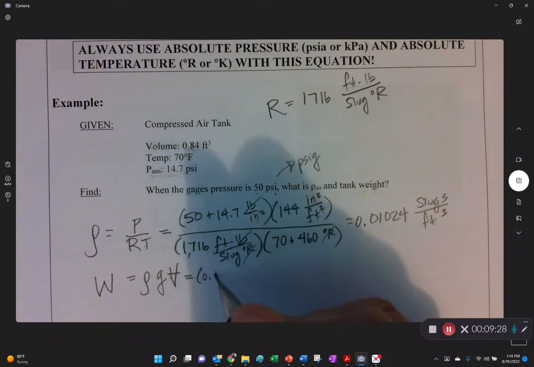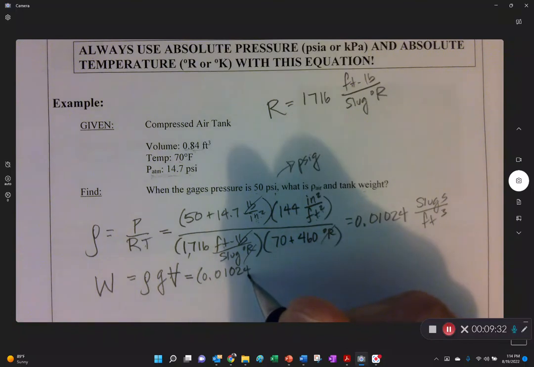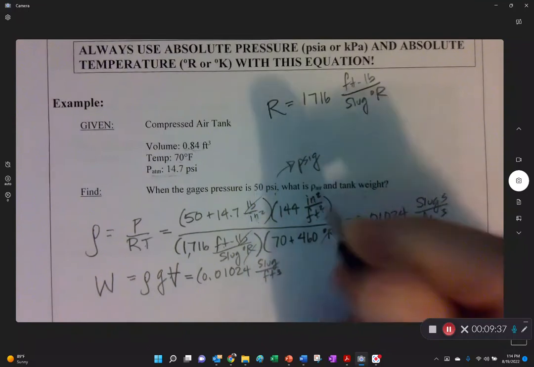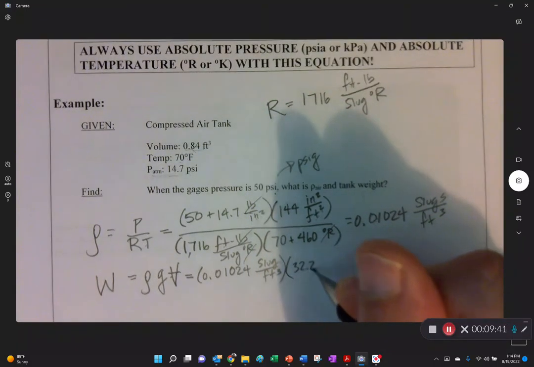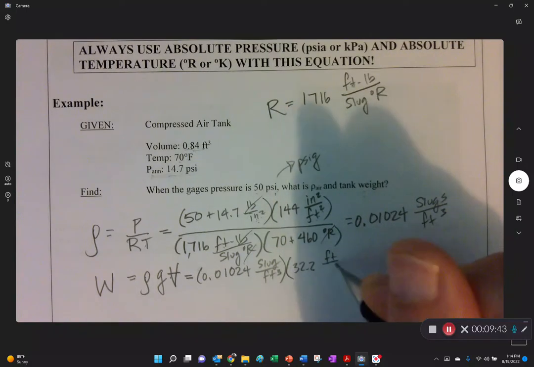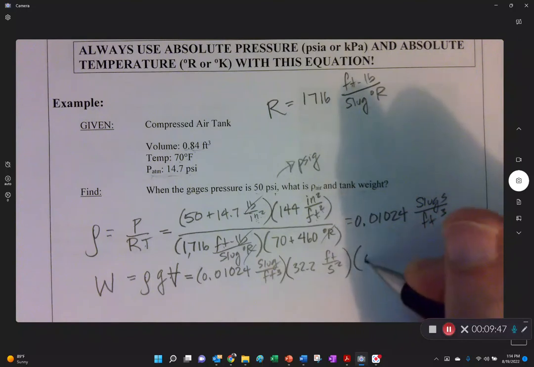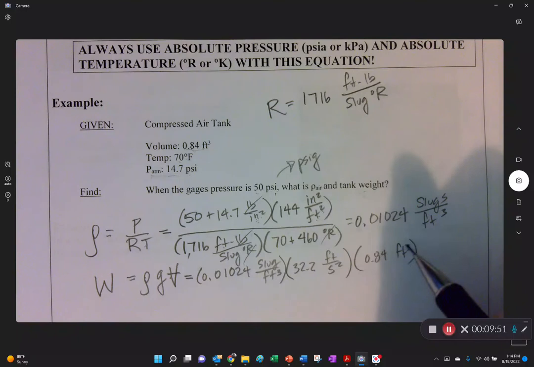So 0.01024 slug per cubic foot, and 32.2 feet per second squared, and then 0.84 cubic feet. All right, so that's easy enough.